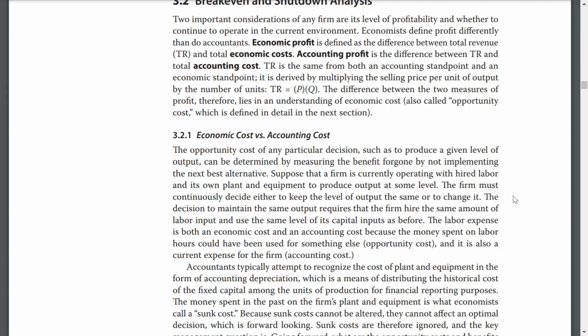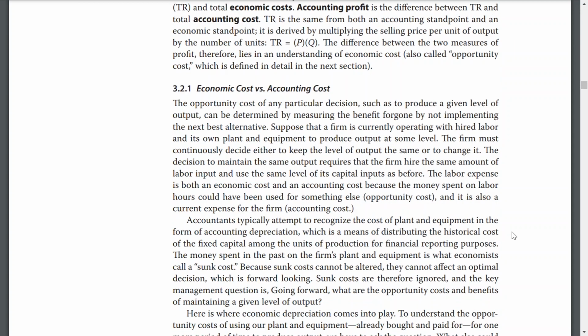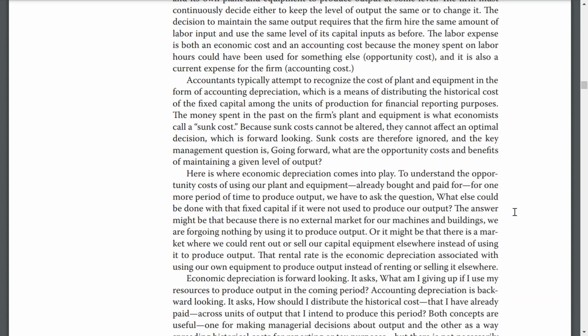The labor expense is both an economic cost and an accounting cost because the money spent on labor hours has to be used for something else, opportunity cost. And it is also a current expense for the firm, or the accounting cost. Accountants typically attempt to recognize the cost of a plant and equipment in the form of accounting depreciation, which is a means of distributing the historical cost of the fixed capital among the units of production for financial reporting purposes.